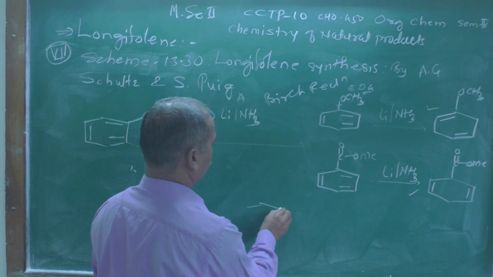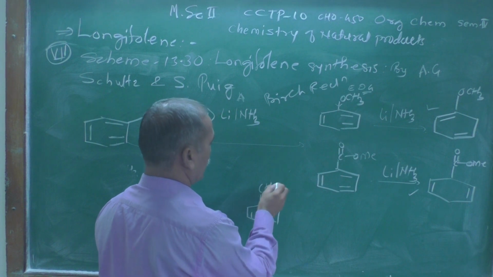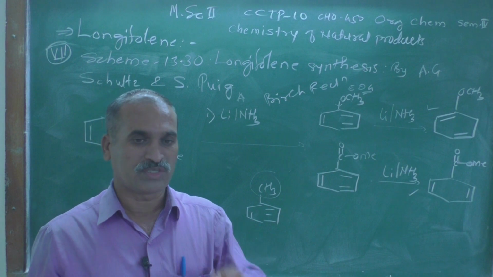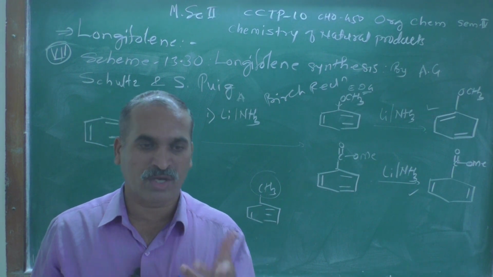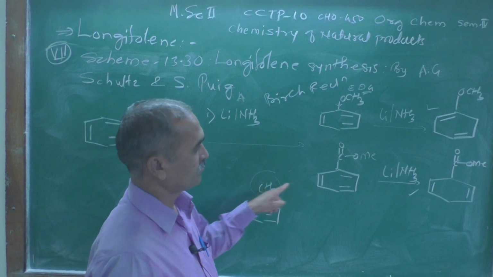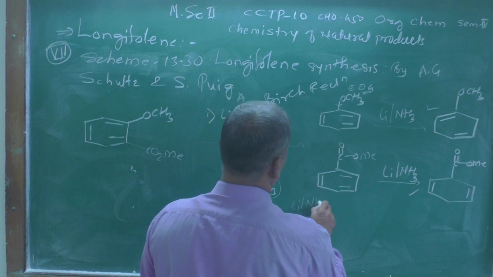Suppose you have an example, this is toluene, as we know. You must know the nature of the substituent present on benzene, either electron donating or electron withdrawing, and depending upon that the type of product is formed. Here lithium in presence of NH3.